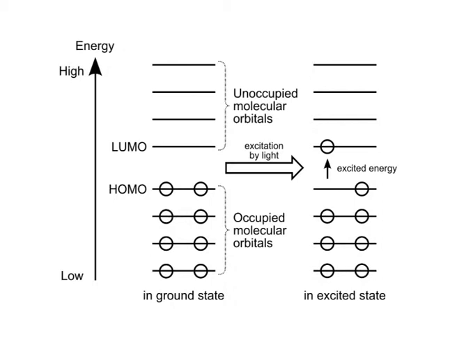The wavelength at which the absorption occurs depends upon the energy difference between the ground electronic state, that is the HOMO, highest occupied molecular orbital, and the excited electronic state, that is LUMO, lowest unoccupied molecular orbital. The larger the energy difference between the ground and the excited electronic state, the lesser will be the value of the absorption maxima, that is lambda max.